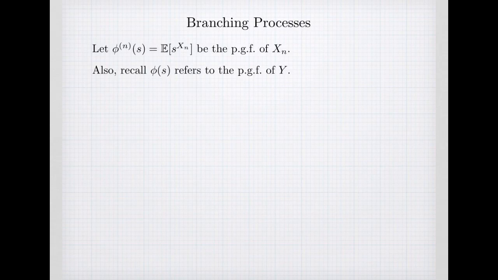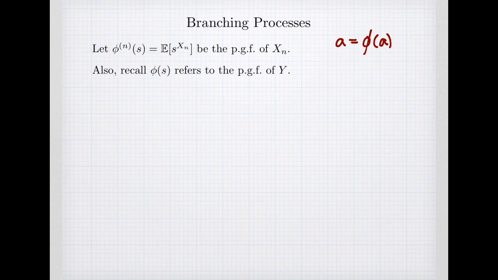So we just saw that our extinction probability solves the equation A equals phi of A, where phi is the probability generating function for y. The only question is, it might be that this equation has more than one solution, and so we need to find a way of understanding which of all the solutions we want to consider.